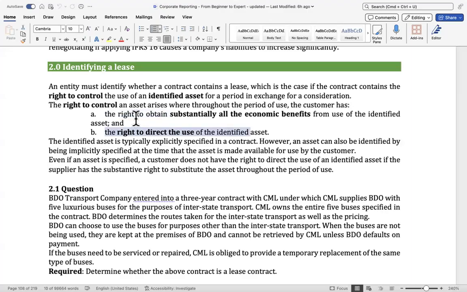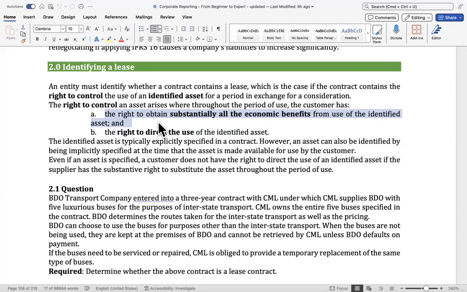So the first one is the right to obtain substantially all the economic benefits. This is only possible where it is the lessee that is solely using the asset. He's the only one using it. For him to have the right to obtain substantially all the economic benefits, he must be the only one using it.